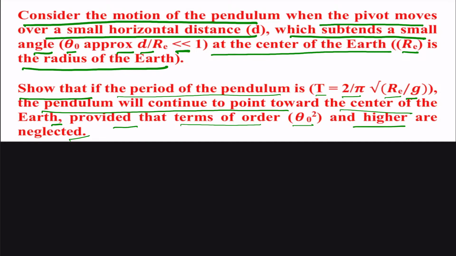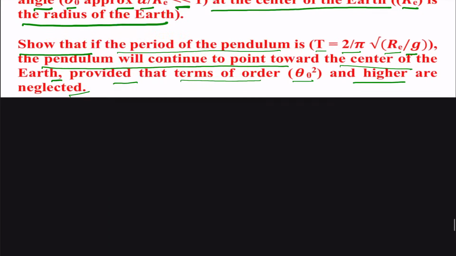So first of all, let us draw an approximate figure for the given question. We are given an earth. So this is our earth, and this is our center of the earth. Its radius is given as Re, and we are having a bob, and suppose this is the pivot point of the bob, which is initially right at the vertical.